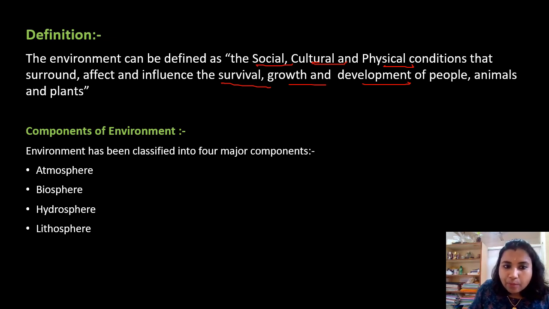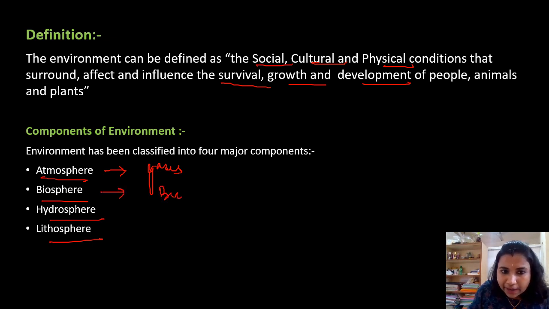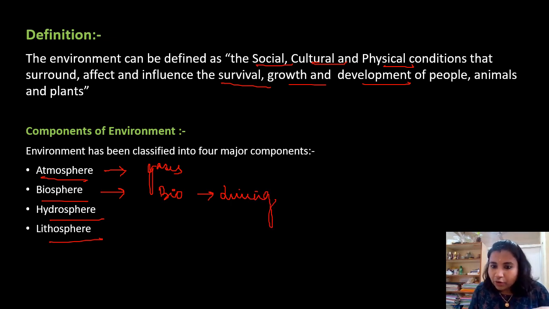If we see the components of environment, it is divided into four major components: atmosphere, biosphere, hydrosphere, lithosphere. Atmosphere is known as a layer of gases. Biosphere, it is a combination of two words. Bio stands for living organism. So it is a layer which includes all the living organisms that exist on earth.